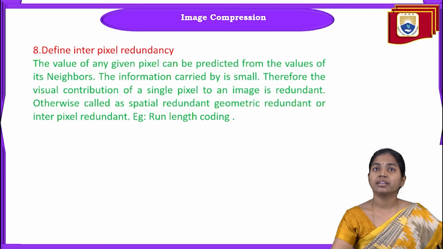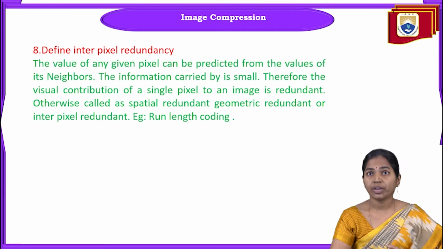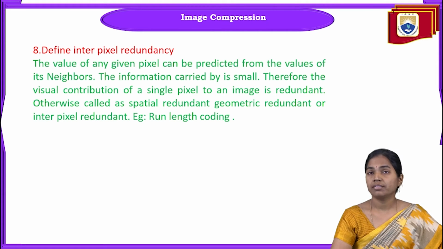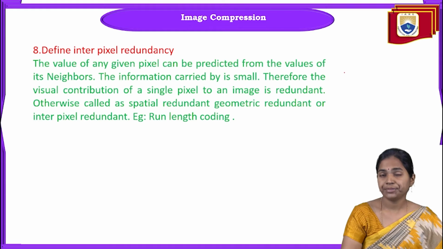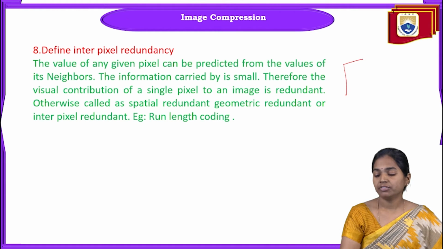Define interpixel redundancy. The value of any given pixel can be predicted from the value of its neighbors. For example, consider one image.